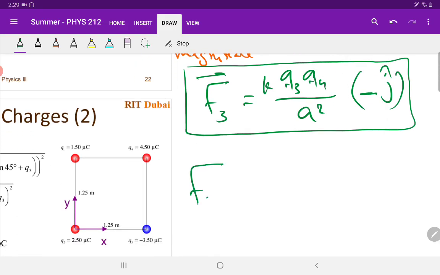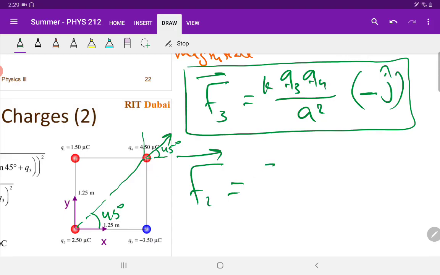Now F2 is the one that needs a little bit of work. Why is that? Because this one has a direction. According to what we learned, this is 45 degrees because this is a square. So this line will make 45 degrees, and that's why the angle here will be 45 degrees.